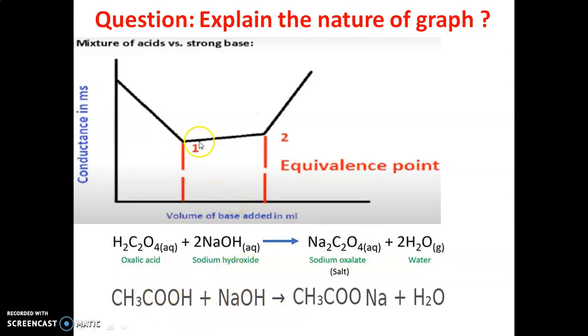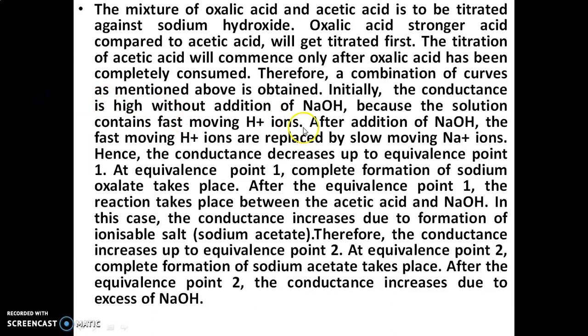Again the conductance increases due to formation of an ionizable salt, sodium acetate, a strong electrolyte, up to equivalence point 2. At equivalence point 2, complete formation of sodium acetate takes place. After equivalence point 2, there is a rapid increase in the conductance due to excess of NaOH, because NaOH is a strong electrolyte. You should say this. You can take a screenshot. It is the explanation.